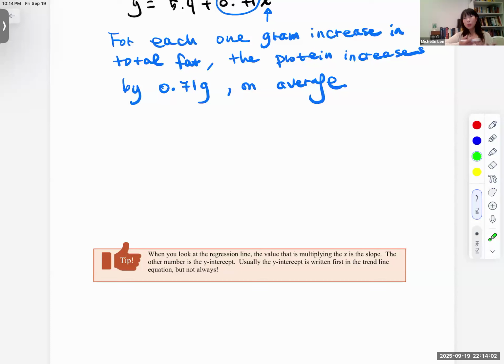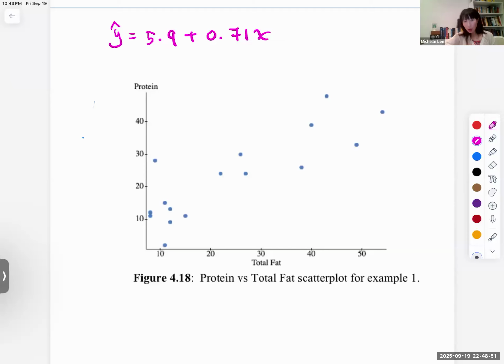Okay, now I'm gonna show you how to use StatCrunch. So I want to copy the data set, like this one, total fat versus protein, right? And then I'm gonna show you StatCrunch, okay? First, I'm gonna show you how to draw the regression line by hand. So how did we draw a straight line in algebra course, right?